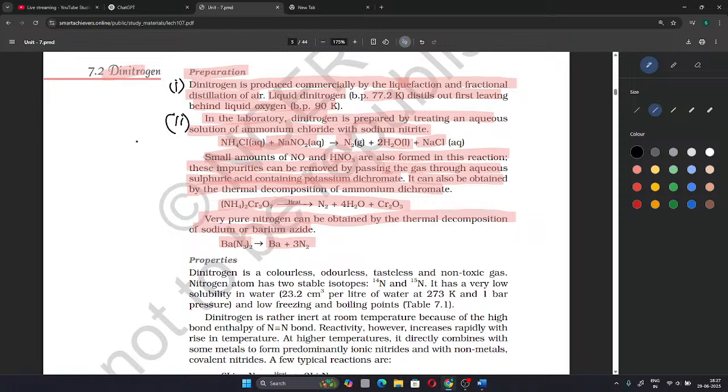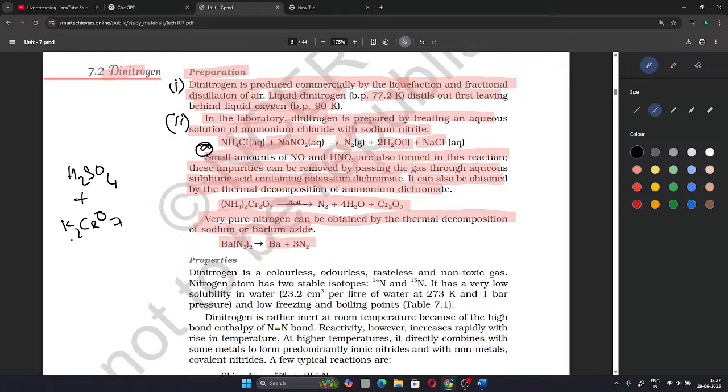Basically, the first main reaction is this one, but small impurities like nitric acid and NO are also formed. These impurities can be removed by passing through aqueous sulfuric acid with potassium dichromate.